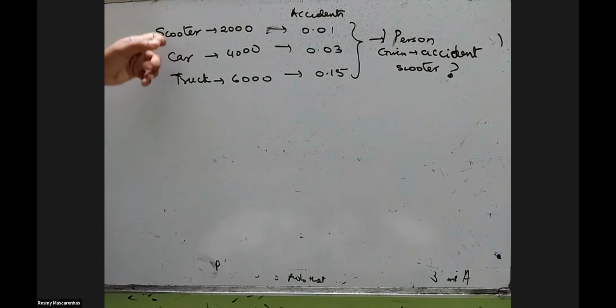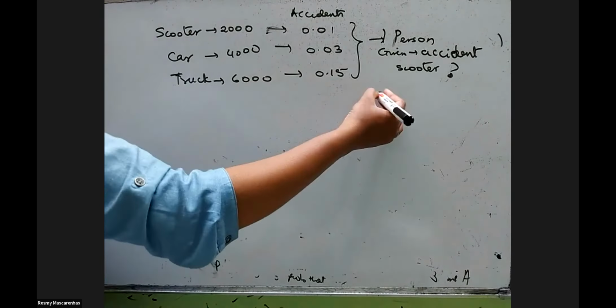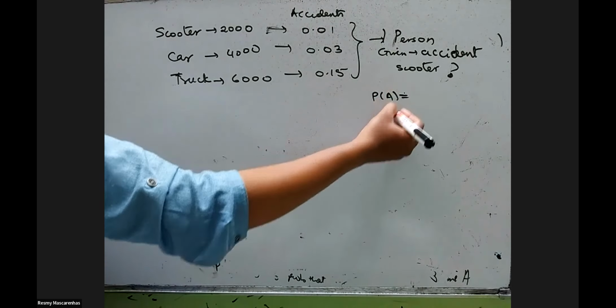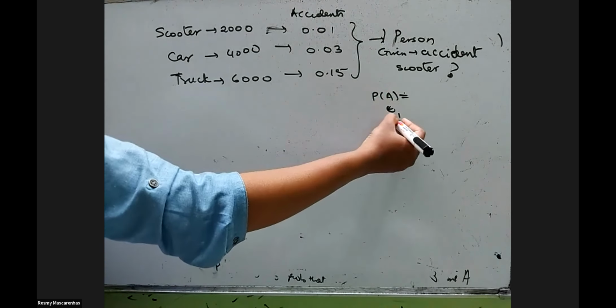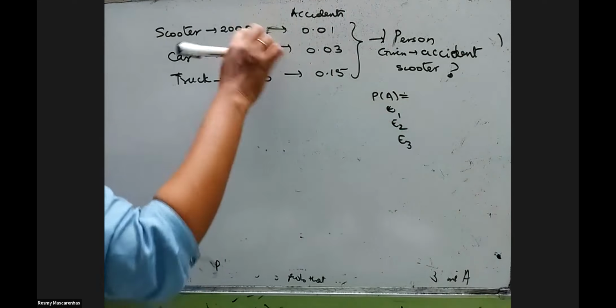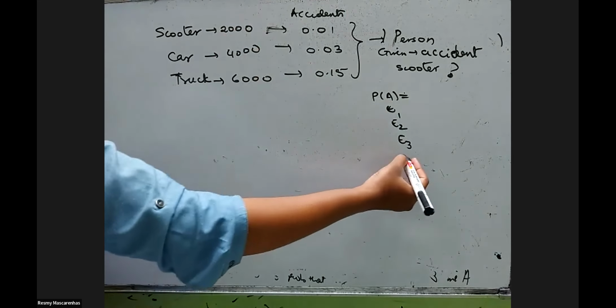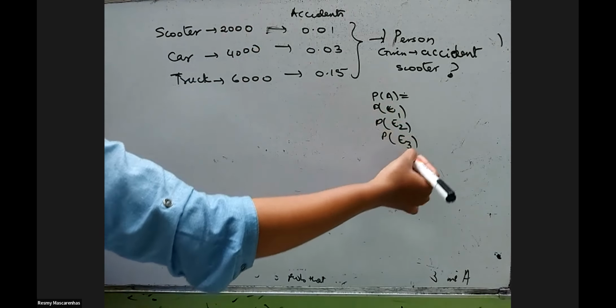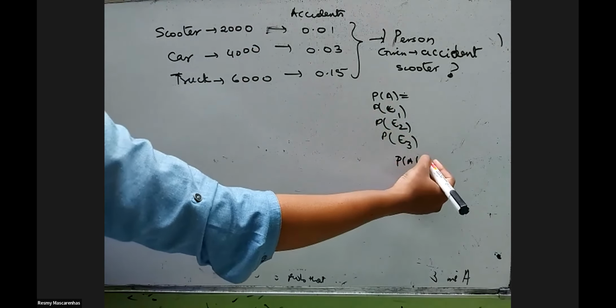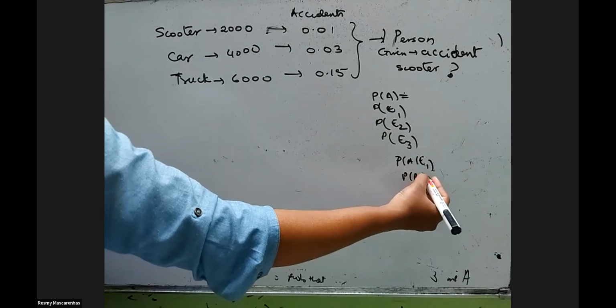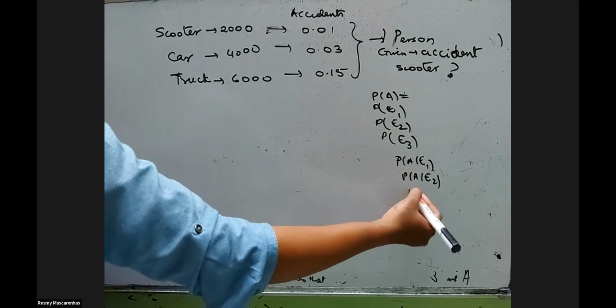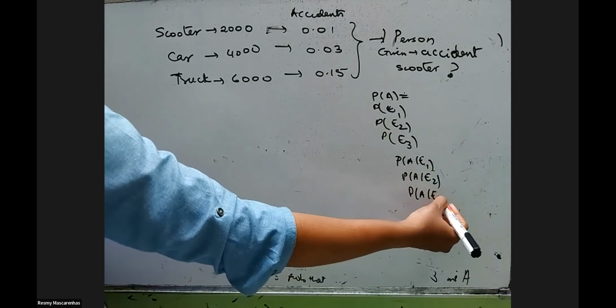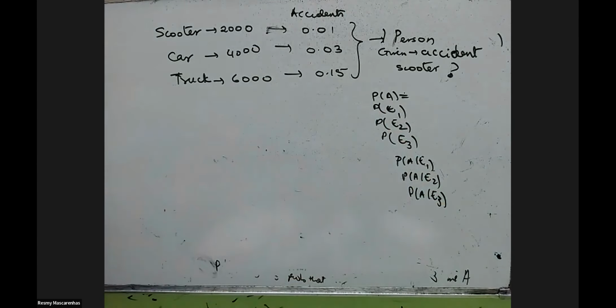Now there are three things, so there will be three events. This is anyway the same, the main event. Then E1, E2, E3 we'll have to find because there are three things. Then P of A upon E1, P of A upon E2, P of A upon E3. So this is the list which we have to find.